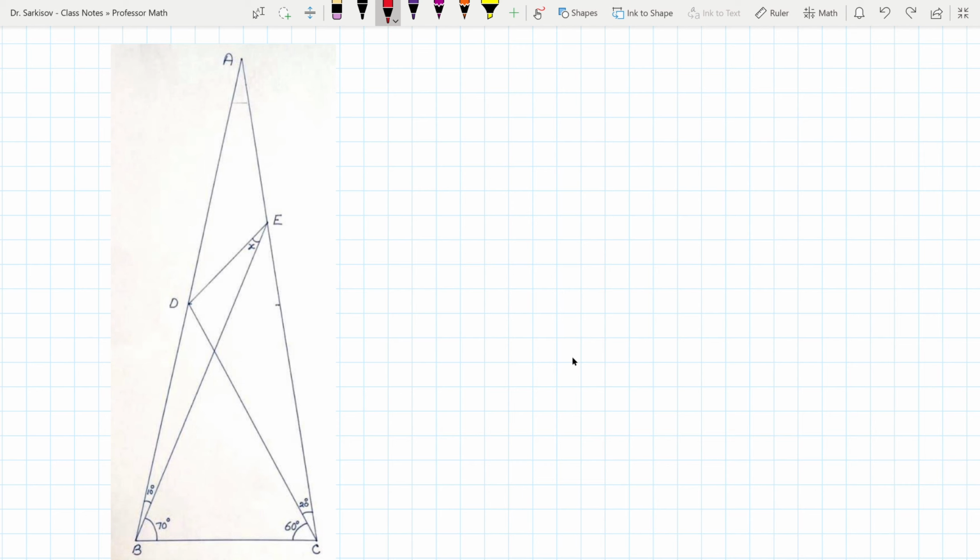Because this is equal to this in measure, this is an isosceles triangle, right? So triangle ABC is isosceles. And that's interesting. So we know side length AB is equal to side length AC.